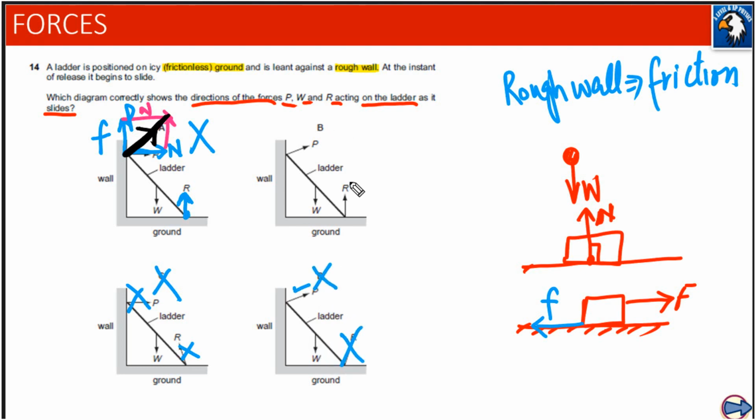Now if you look at B, you can see the direction of R, meaning the force on the ladder from the ground, is correct. Also the direction of P is correct and the direction of W is also correct. So this is our possible correct answer.